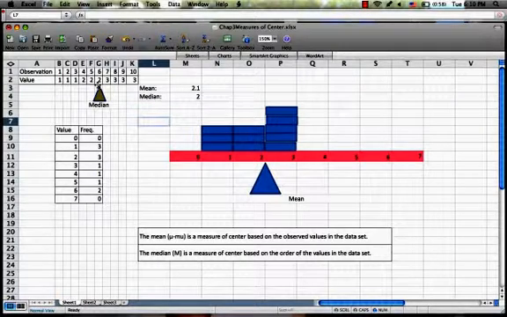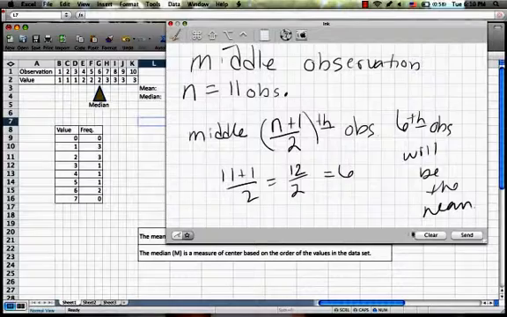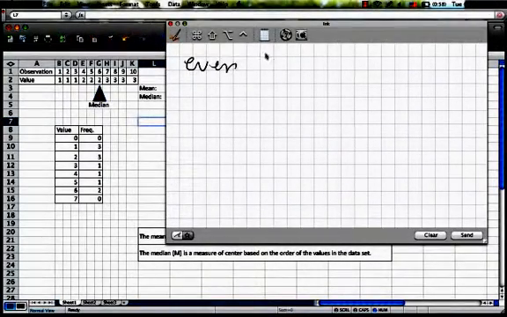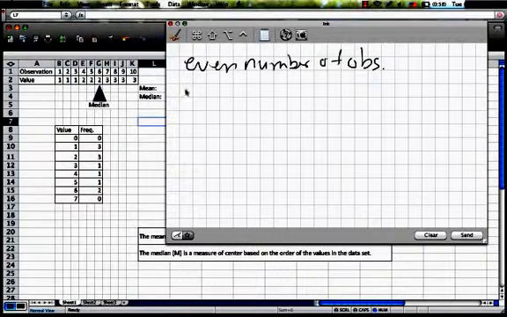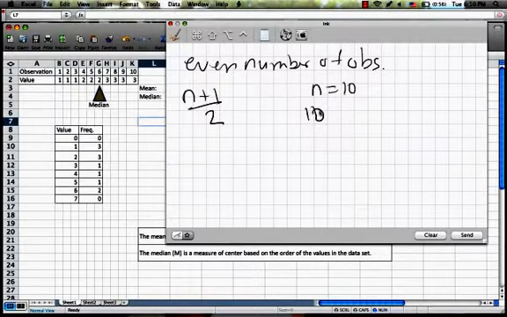So if we had an even number of observations, we could still apply this n plus 1 over 2, but in the case of n equaling 10, we have 10 plus 1 all over 2, so 11 over 2, which is 5.5.